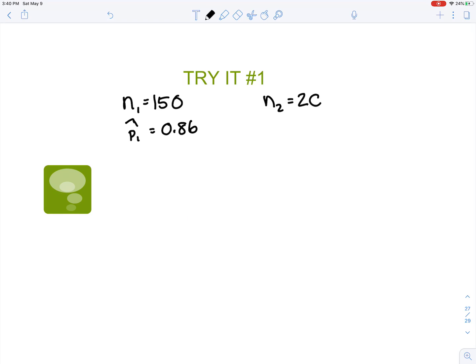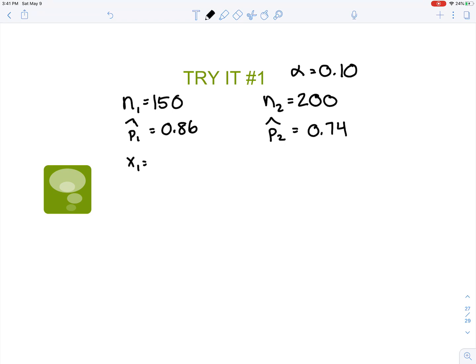Okay, and then we have the pickup trucks. We surveyed 200 of those with a percentage of 0.74 or 74%. At a level of significance of 0.10, can you reject the claim that the proportion of occupants who wear seatbelts is the same for the passenger cars and pickup trucks?